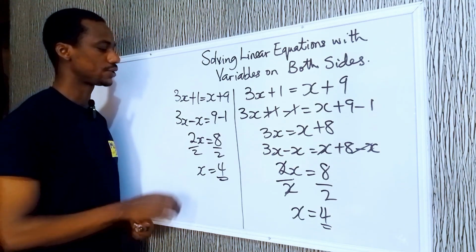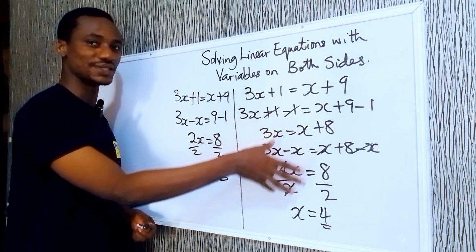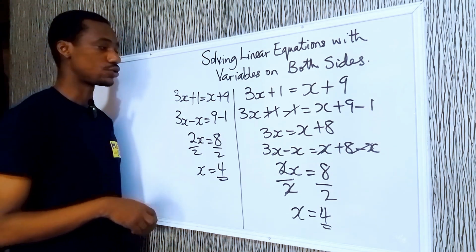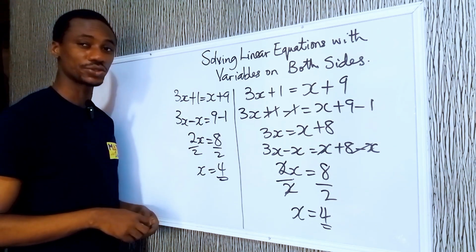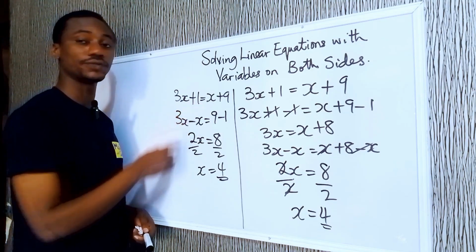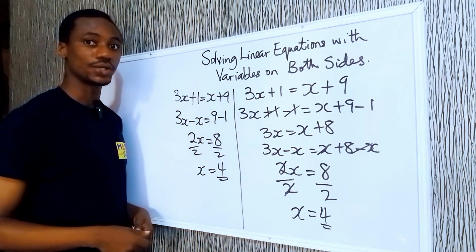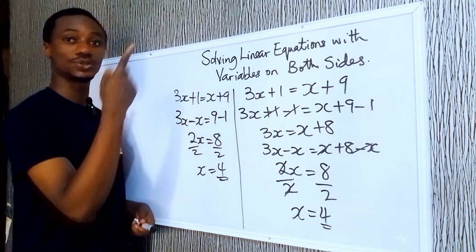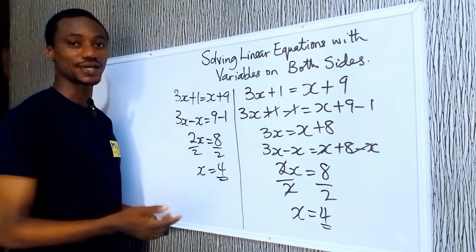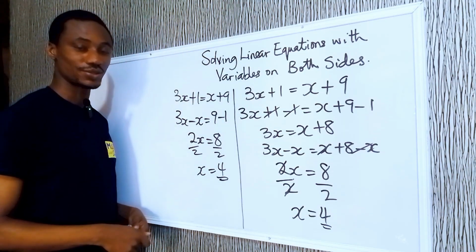But you have to understand this before you're able to bring it into the shortcut. And let me tell you, there are so many people that are using this shortcut. They didn't even know that this is where it's from. It's because you're subtracting from both sides. That's why it's turning to minus on the other side.